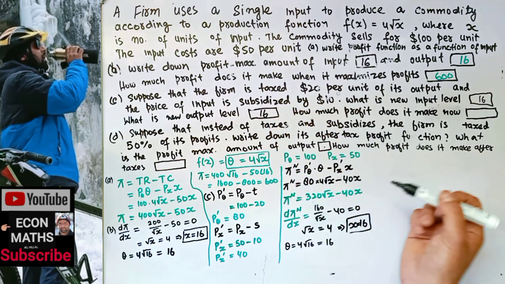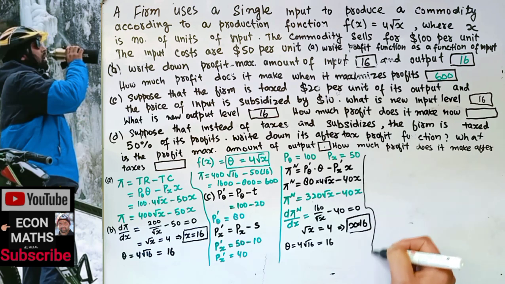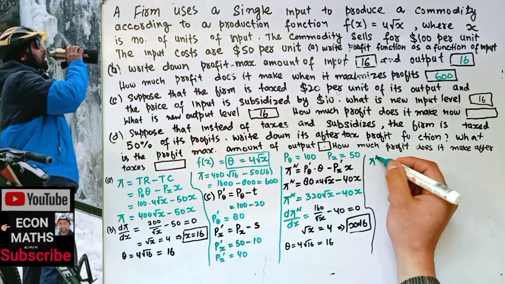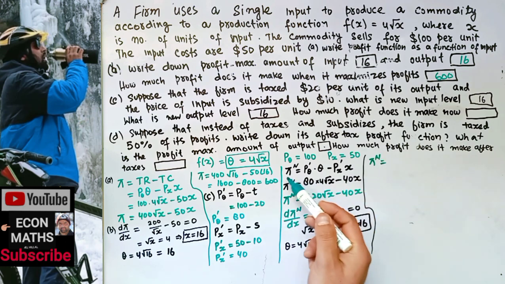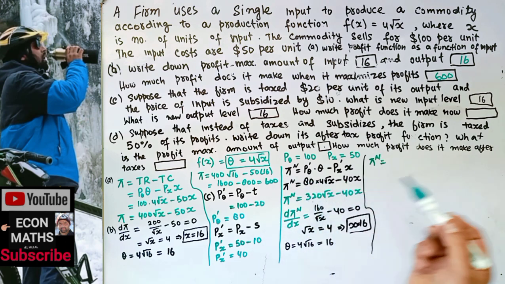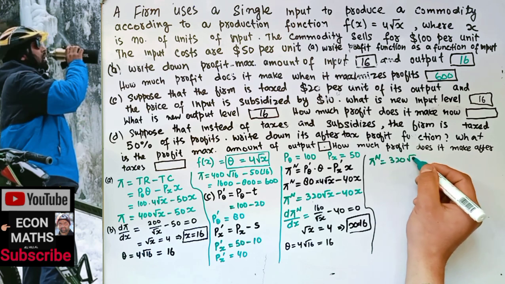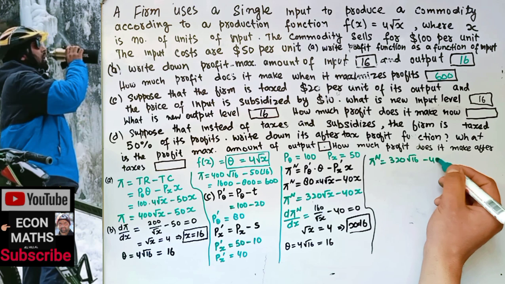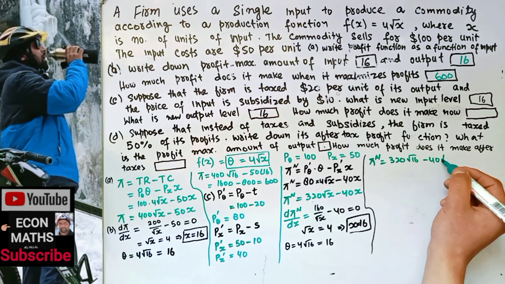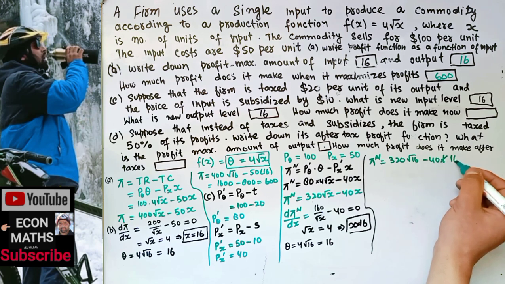How much profit does it make now? We need to find out the new profit. This is our new profit function, so plug in the value of input. We have 320 under root 16 minus 40 into 16.